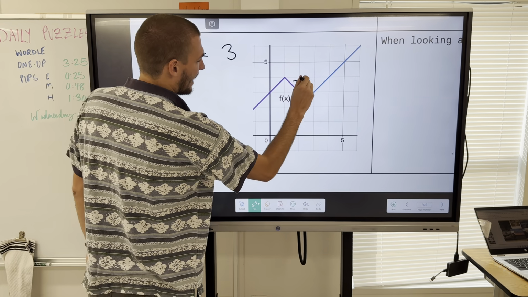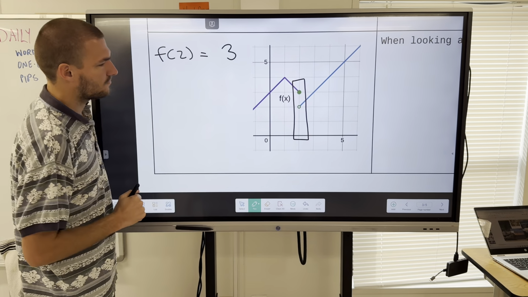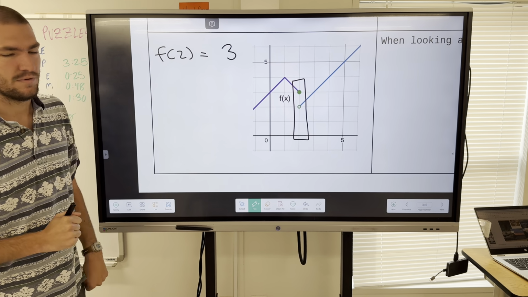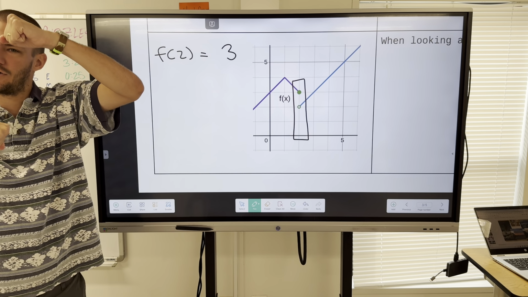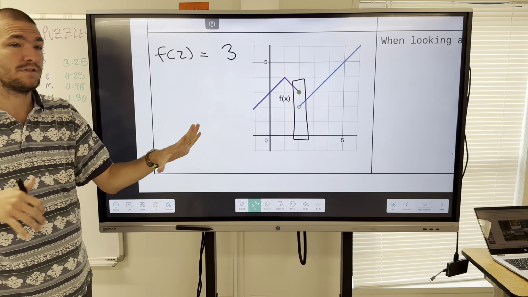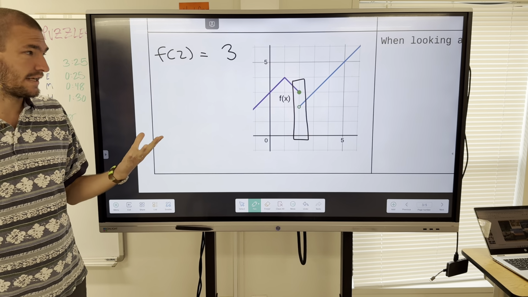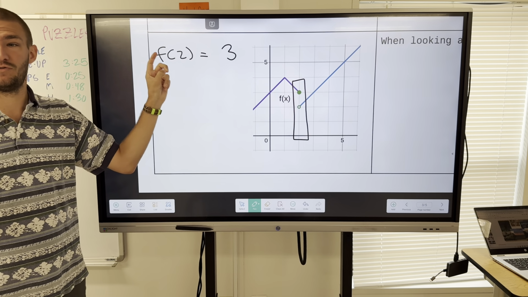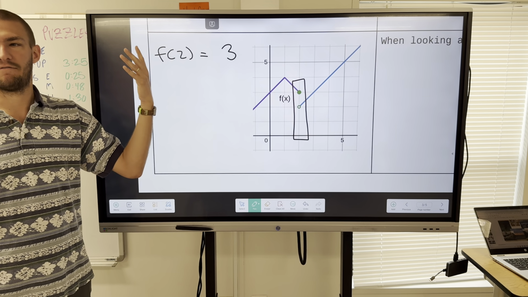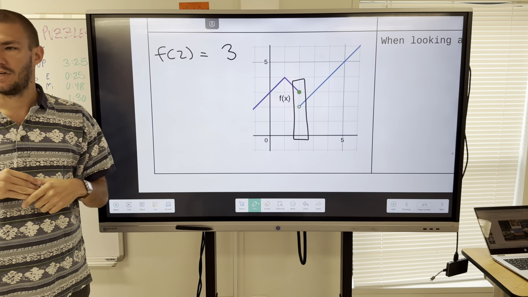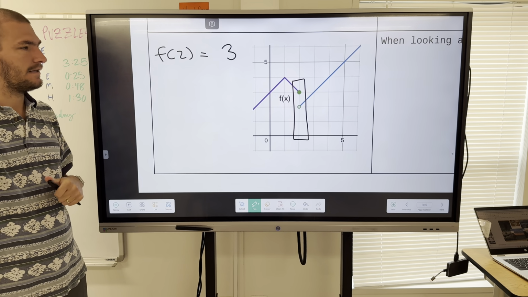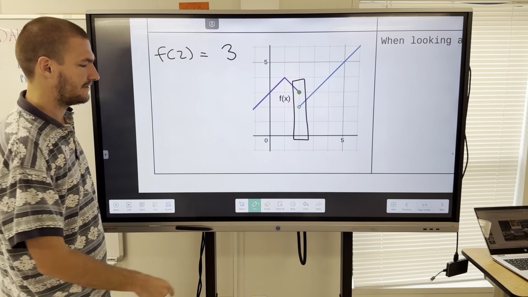Let's look here at 2. We've got kind of 2 pieces that aren't matching. One of them has a filled in circle and one of them has an empty circle. Which one do we care about when we're looking for the true reality place of the graph? Of course, the filled in circle. We feel good about that? Lizzie, you got that? Nice.